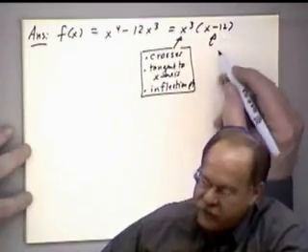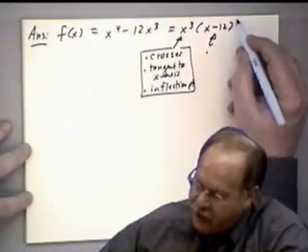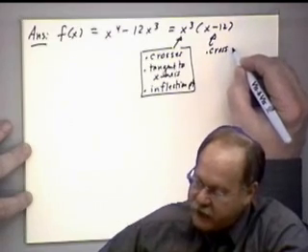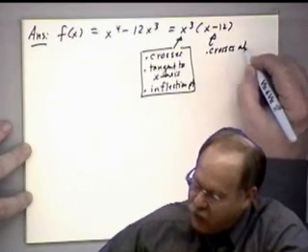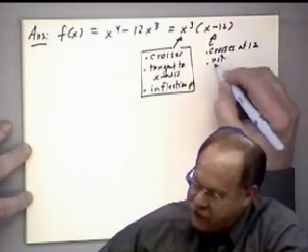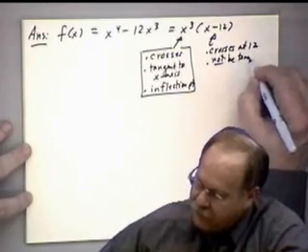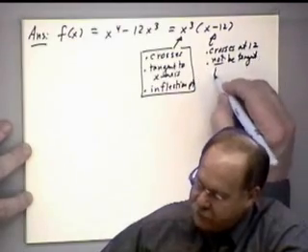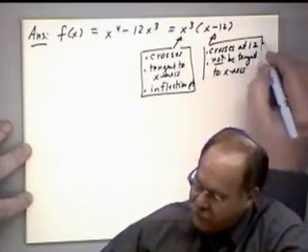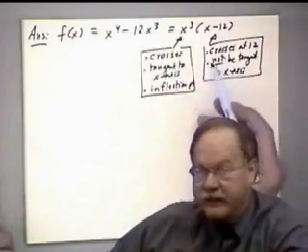And for this factor, since it is a power of 1, the multiplicity is 1, it will cross at 12, and it will not be tangent to the x-axis, because it is the power 1. Okay, that's strictly from the algebra.